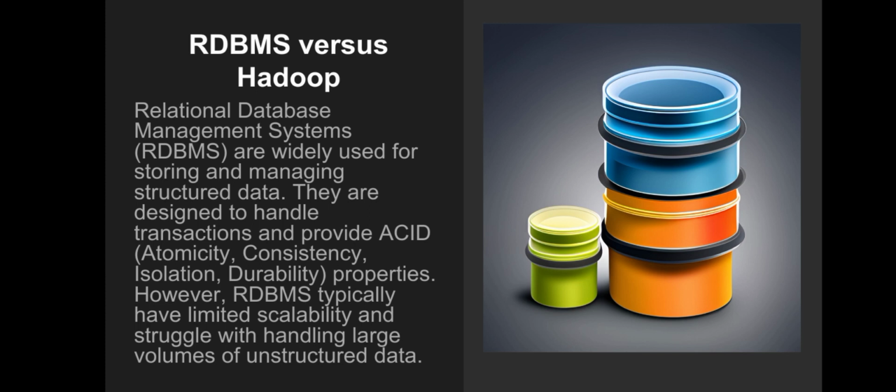It can store and process both structured and unstructured data at scale using a distributed file system called Hadoop Distributed File System, also known as HDFS, and a processing framework called MapReduce. Unlike RDBMS, Hadoop provides high scalability and fault tolerance by distributing data and computation across multiple nodes in a cluster.